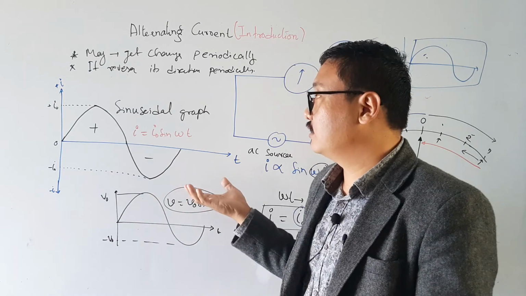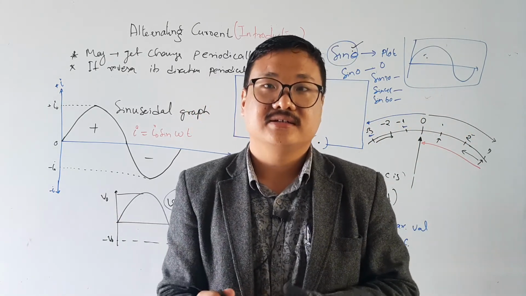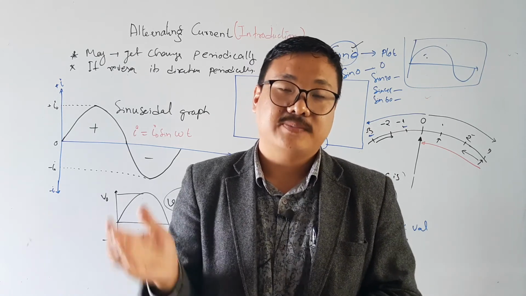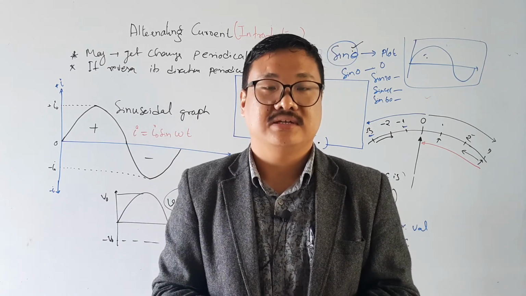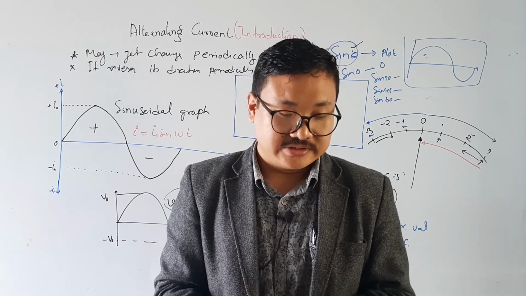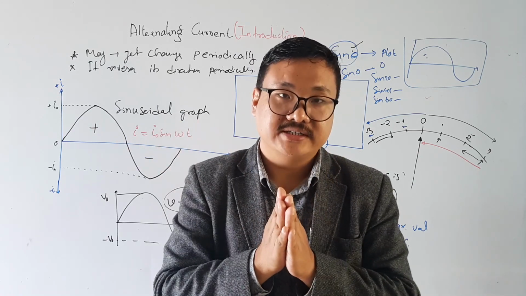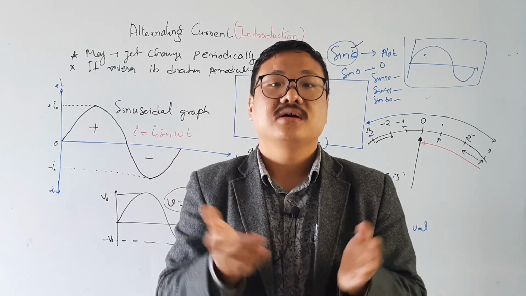So this is the introductory part. Similarly, we get alternating current in our everyday life, which passes through different devices like resistor, inductor, capacitor, etc. In the next lesson we are going to see what will happen to this alternating current when it passes through a resistor.